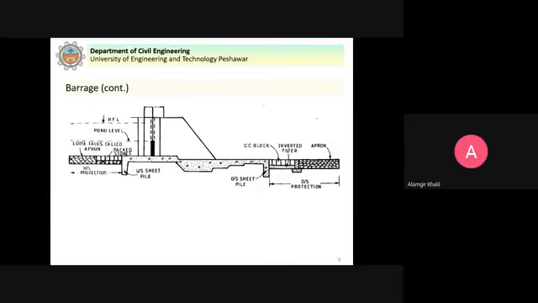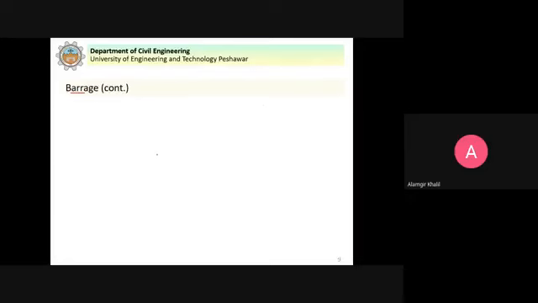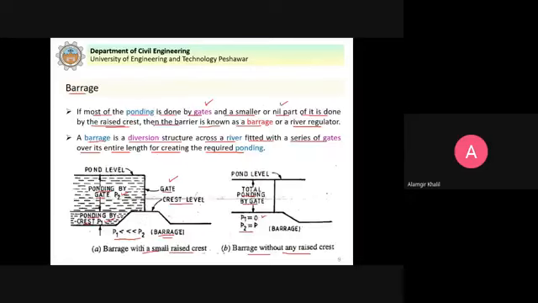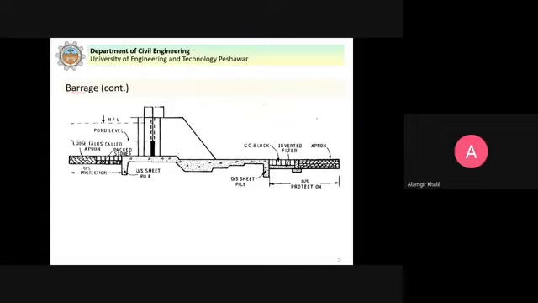Now this is a cross section which is taken for a barrage. You can see here that in this case we do not have any raised crest, like this one here, without any raised crest. So this is the upstream side.